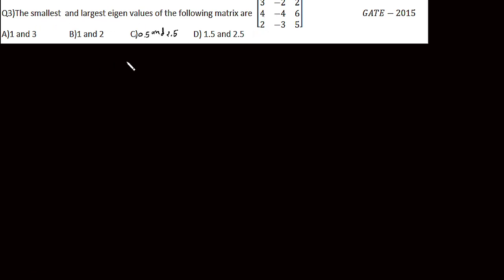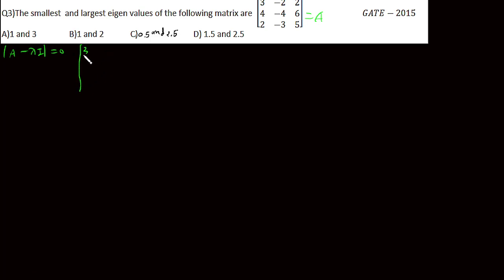So let's form the characteristic equation from this matrix. So just simply we have to make, let's say this matrix is A, let's call it A. Then here we have to just simply A minus lambda I, and we have to take the determinant of this matrix and equate it equal to 0. So let's form this determinant.